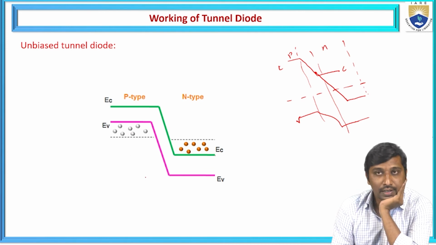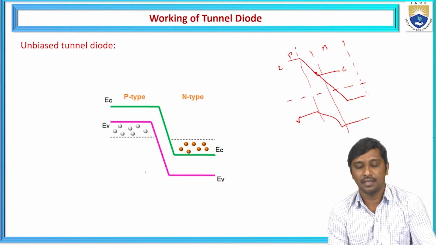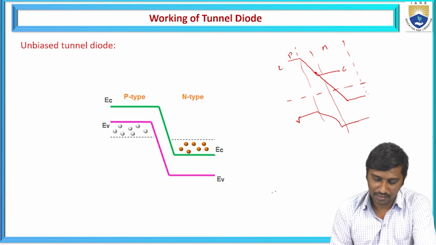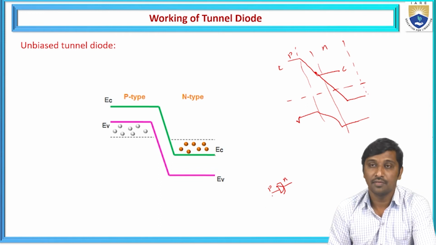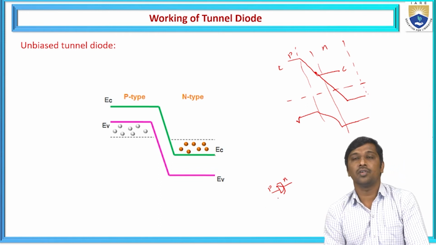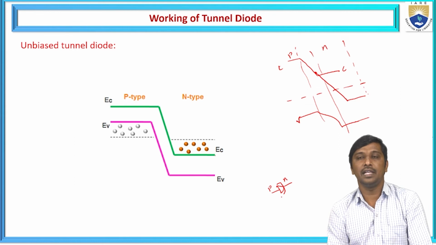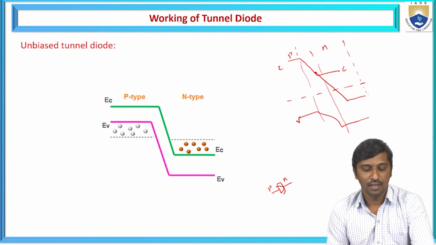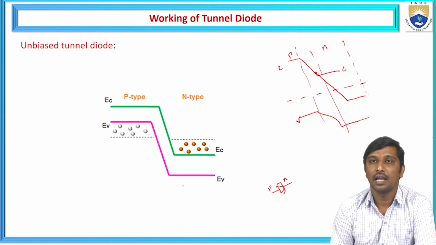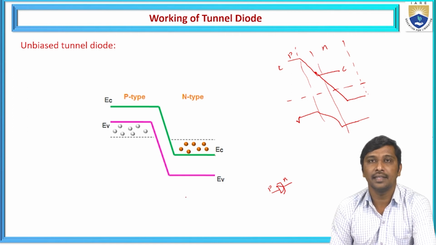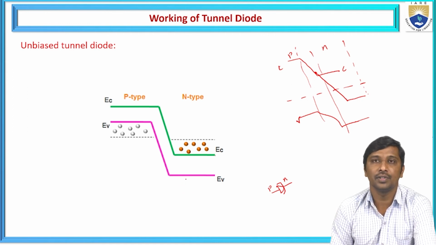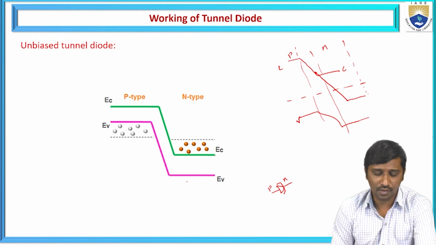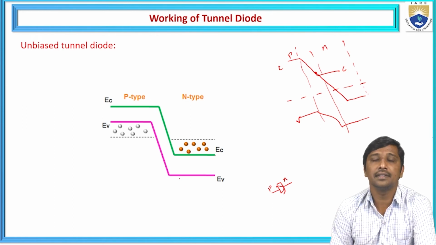At this point, let us consider the unbiased diode. Let us take a symbolic representation: this is the P side and N side, and we are not applying any external field to this PN junction. So what happens? There is no movement of charge carriers from one region to the other, because at least a small amount of energy is required.